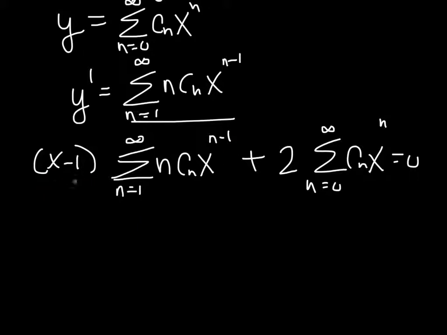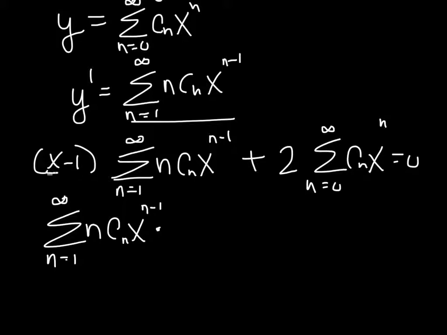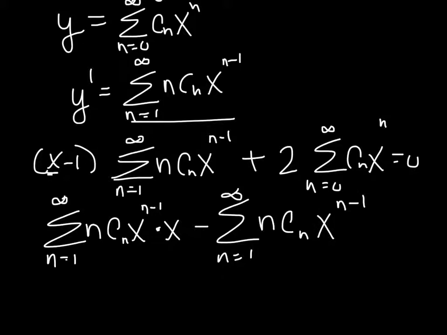So we have this factor of x minus 1, so we can go ahead and distribute x, and then we can also distribute a negative 1, which is just going to change the sign. So we have the following summand. Ncn x to the n minus 1 times my x that I'm distributing. And then minus 1, well, it's just going to be minus sigma starts from 1 to infinity, and Cn x to the n minus 1.